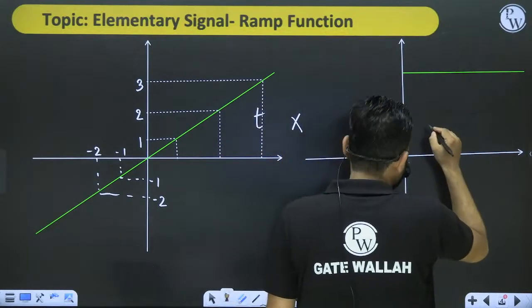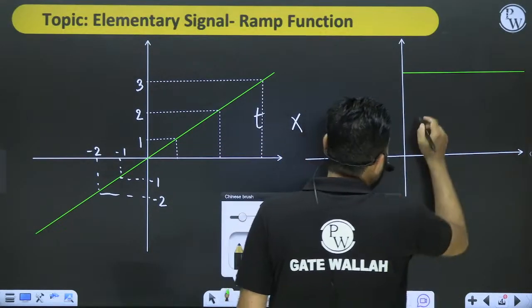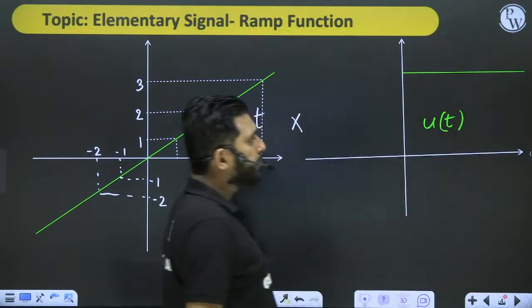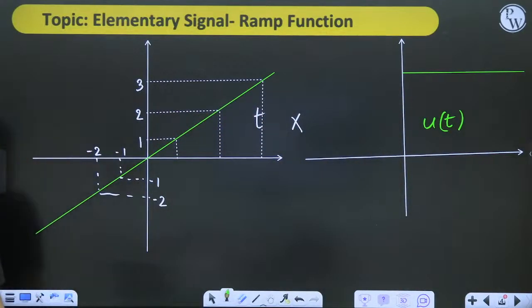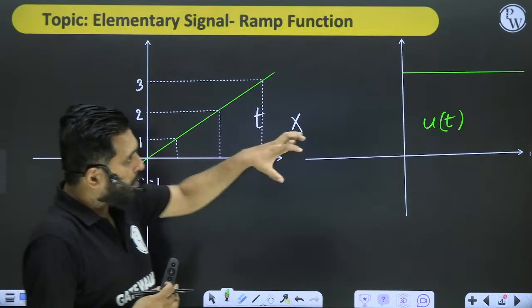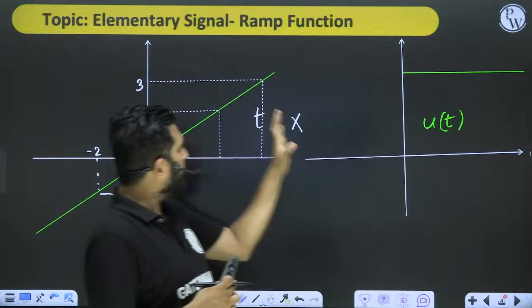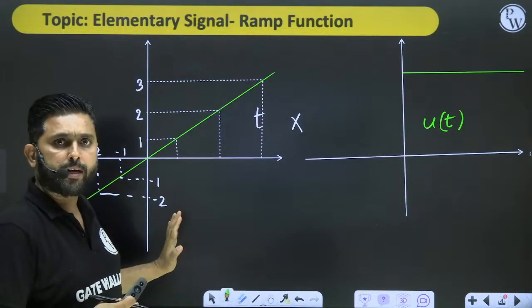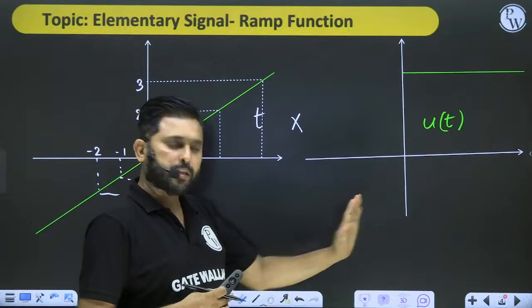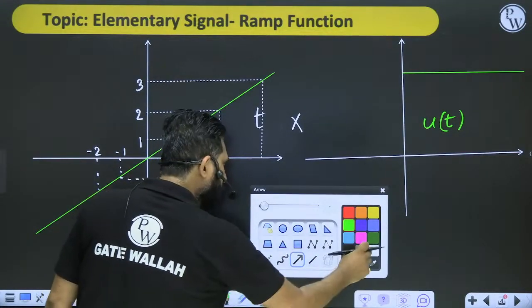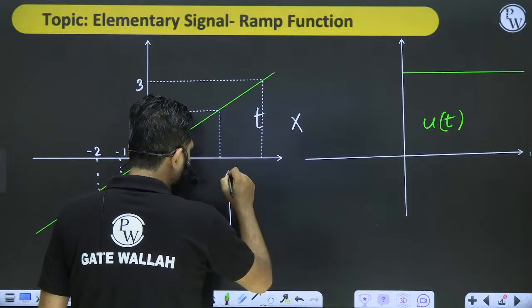So when you multiply, this is only present in the first quadrant, and this is a function which exists in the first and third quadrant. So when you multiply both these functions, you will get a function.